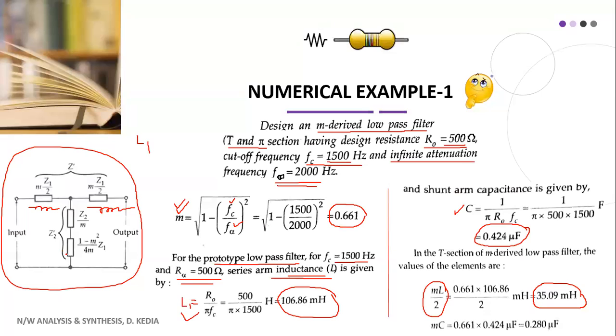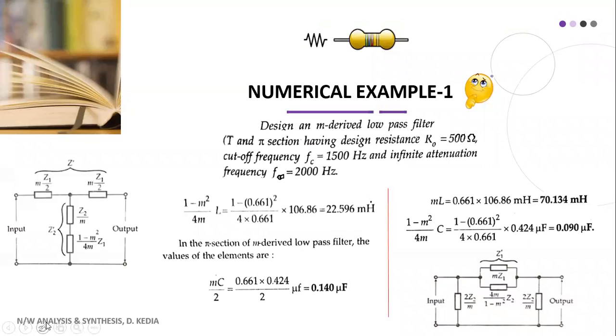And this Z2 dash, we have seen in the derivation of our M-derived prototype filter. So then we have mL by 2, then we have mC for the capacitor, and we obtain the value of mC like this. We are taking into consideration the T section first. So after we substitute these values, we are able to design the T section of the M-derived low pass filter.